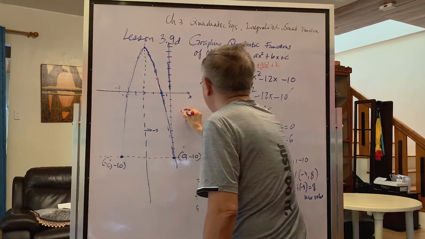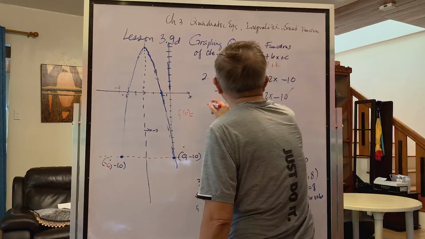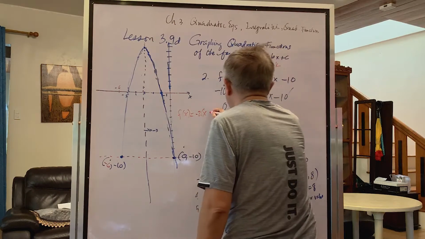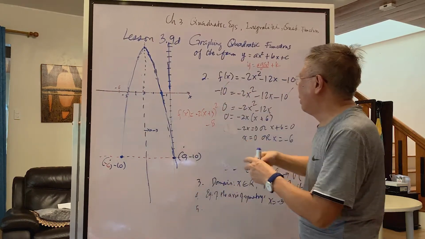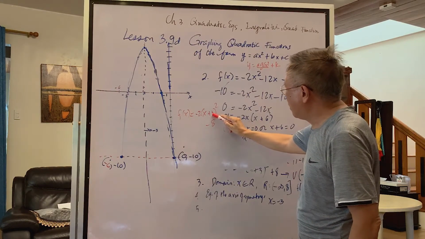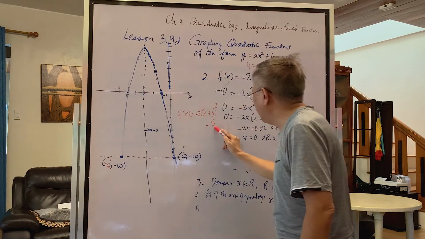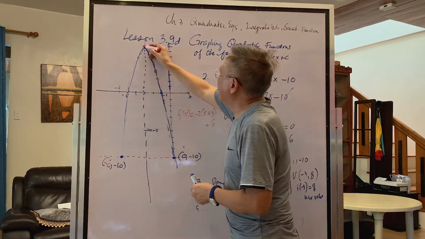Okay? So, this function was written as negative 2 times x plus 3 squared minus 8. So, there was a horizontal shift of negative 3 here, and then plus 8 here. Plus 8 going up. Okay?